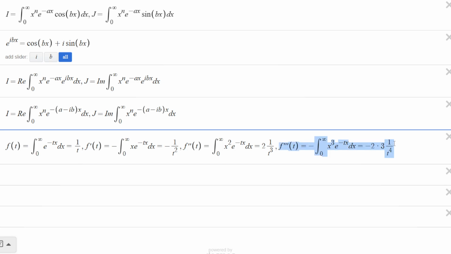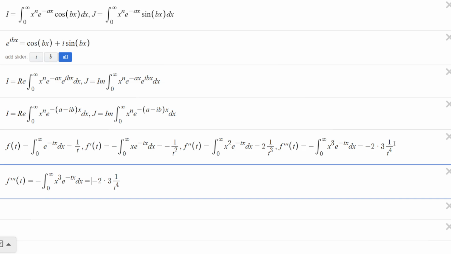All right, so the pattern is this. If we take n derivatives of our function of t, we get negative 1 to the n times the integral from 0 to infinity of x to the n e to the negative tx dx. We will get a negative 1 to the n over here.